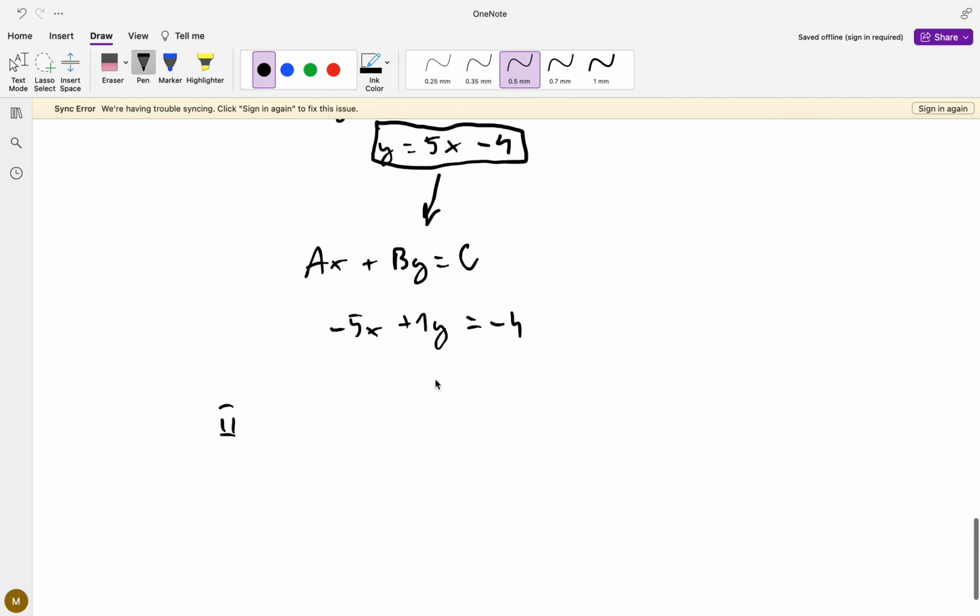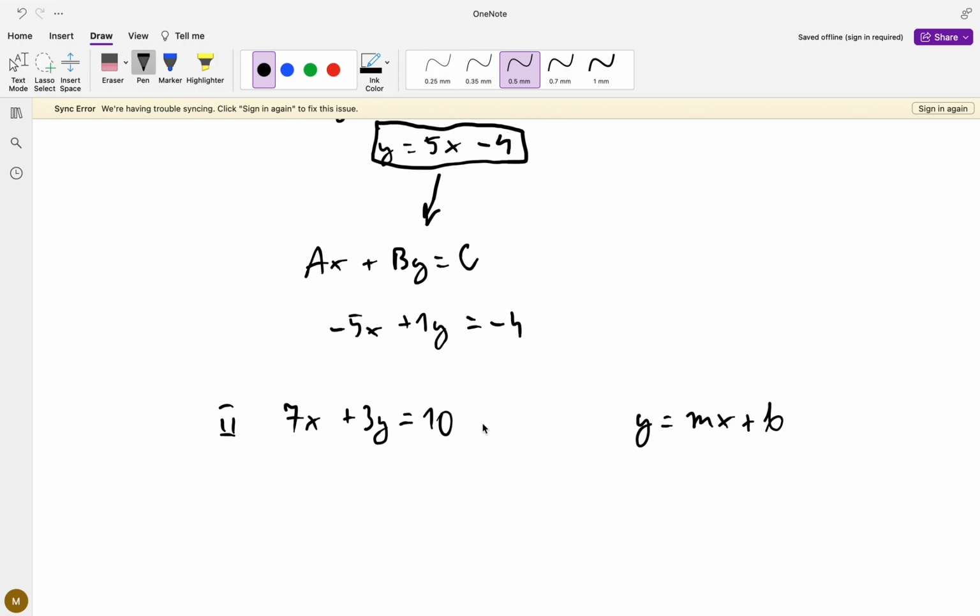consider a different scenario where we are going to work in reverse order. So let's start with the standard form. 7x plus 3y is equal to 10. And I want you to transition that into the slope-intercept form. So what you have to do here is basically move some things around, and at the end you want it to be in this form. Y is equal to mx plus b.